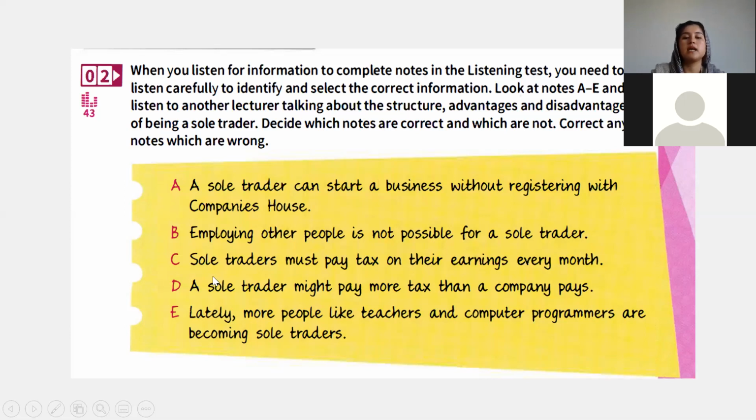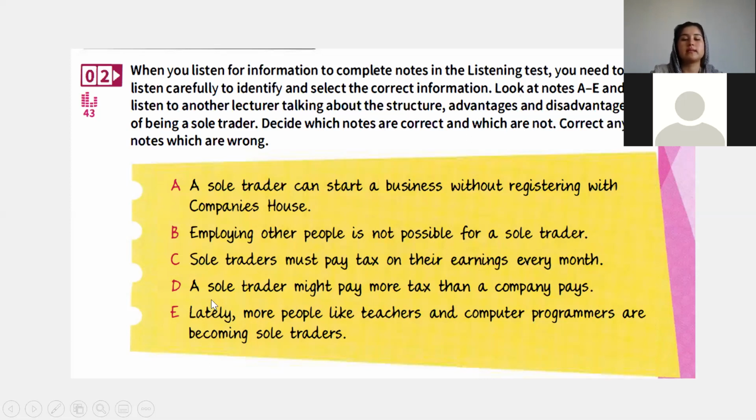And C says sole traders must pay tax on their earnings every month. So sole traders, tax, and earnings every month are the keywords. And D says a sole trader might pay more tax than a company pays.